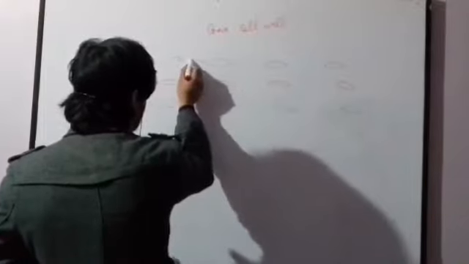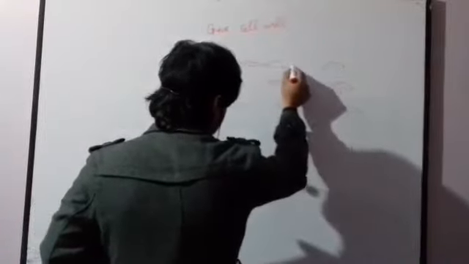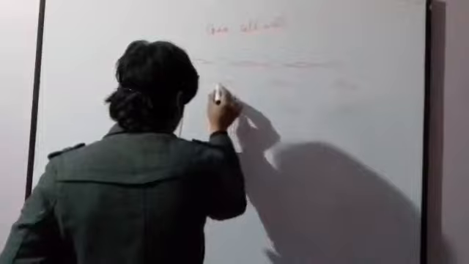These are peptidoglycan. The black ones are NAM, and the red ones are NAG. Again NAM and NAG. So this is the layer of the peptidoglycan, and in gram-positive bacteria it will be 70 to 100 layers.